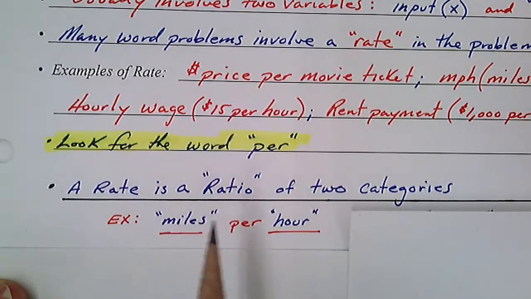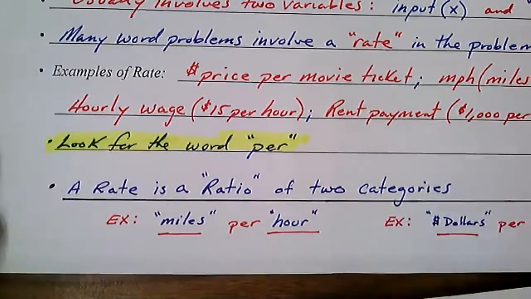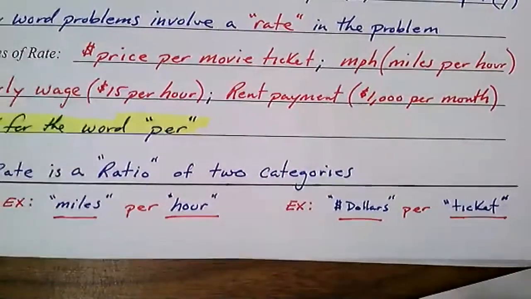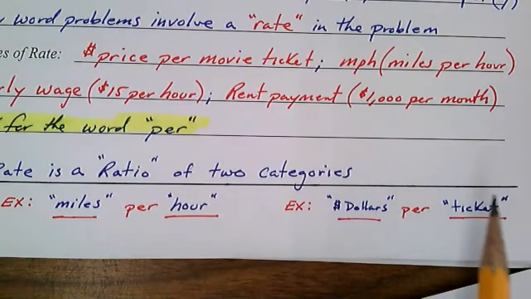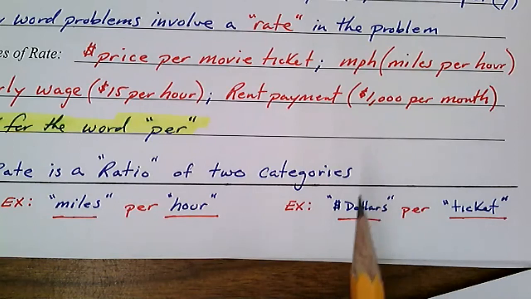So this would be one category, and this would be your other category. And then over here is one more example, dollars or money per ticket. This could be a movie ticket or a concert ticket or a ticket to the Laker game. So money per ticket.